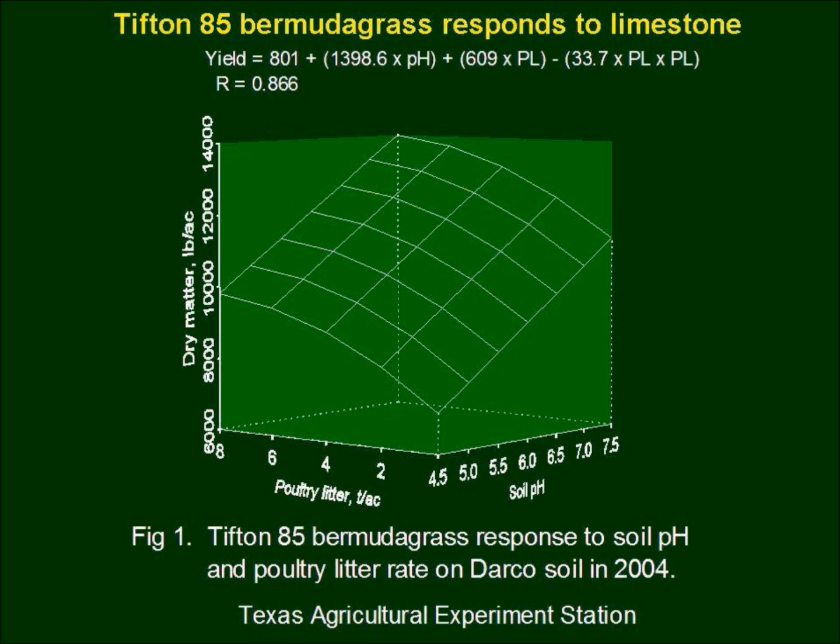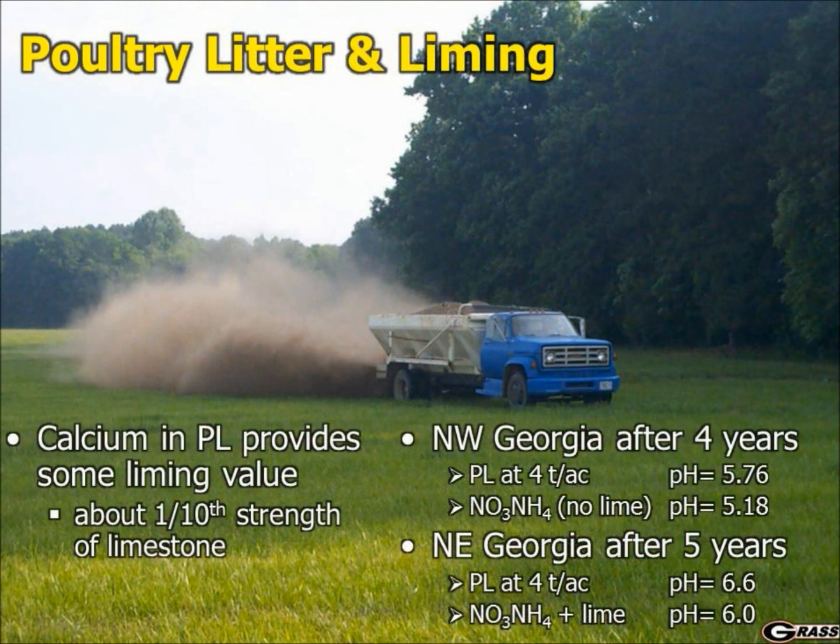Now, as I mentioned, when we put poultry litter out, it does have a liming effect. In fact, it's about 1/10 the strength of limestone on a ton-per-ton basis. So it does have some value to that. If we look at a study that was done up in Calhoun, Northwest Georgia, after 4 years of applying poultry litter at 4 tons to the acre, many of you know Julia Gaskin, she was involved with this research.